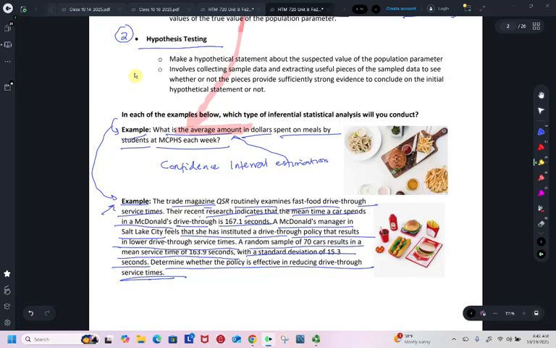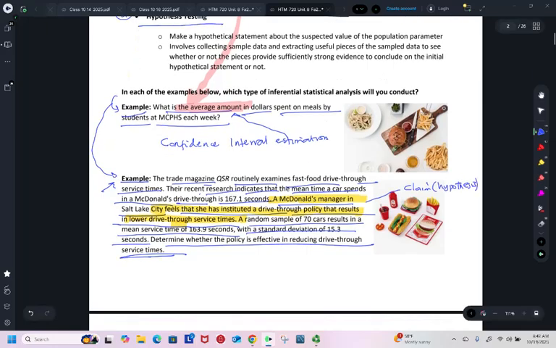Take note here that the McDonald's manager feels or claims that the new policy that has been put in place has resulted in lower drive-through times. This is an instance of a claim, or what we otherwise call a hypothesis.